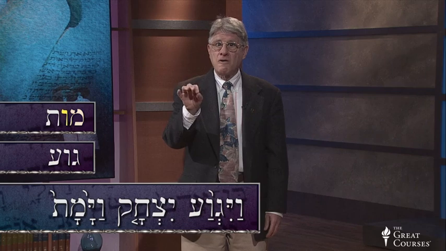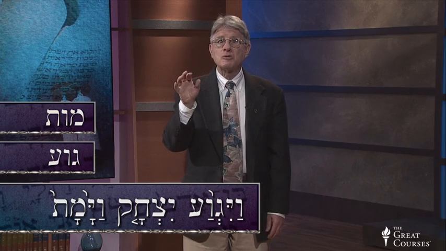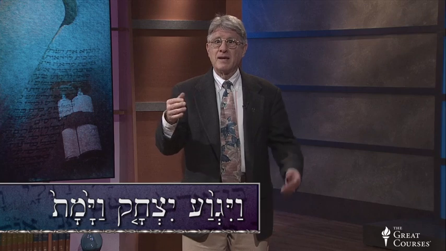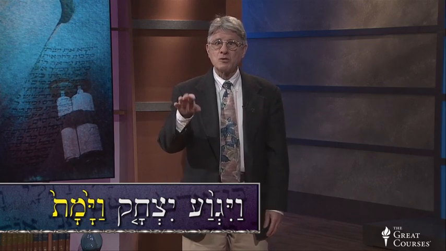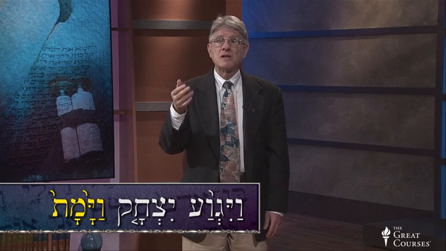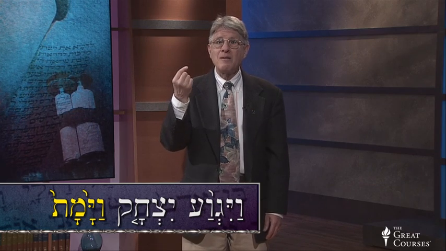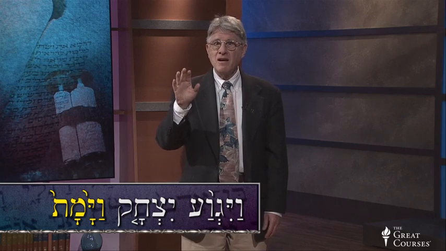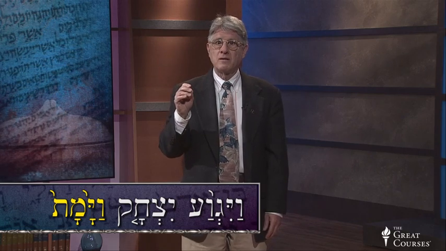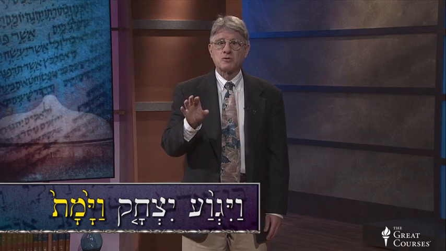Contrast mem vav tav, where the vav is not a consonant but a vowel. In a dictionary, vav is the middle root letter, but in this word we're looking at, it doesn't even appear as a consonant. It's the O sound of vayamot, that kamatz katan. That kind of vav, and yud as well, that's the category of verbs that we're going to focus on today.